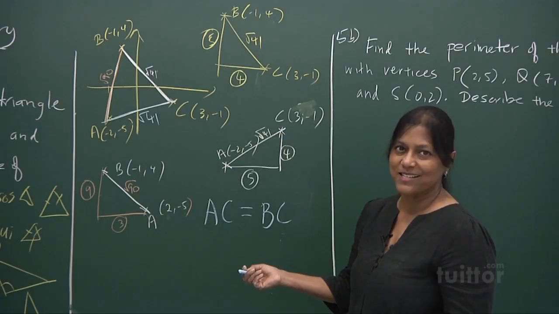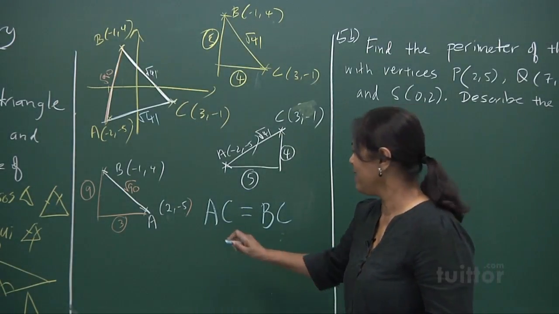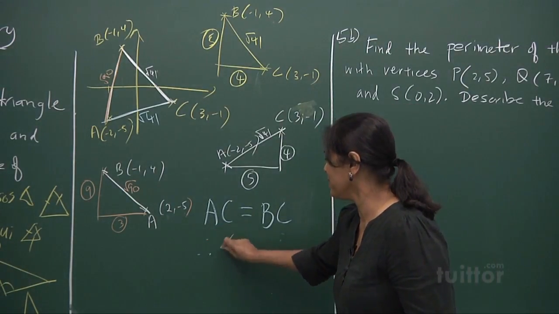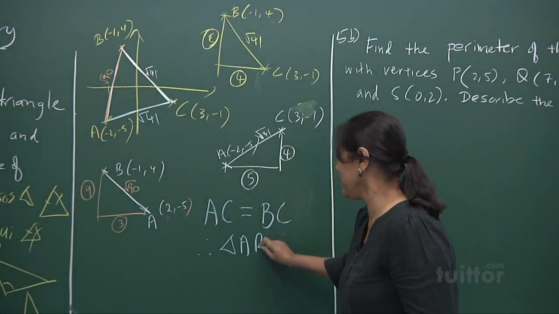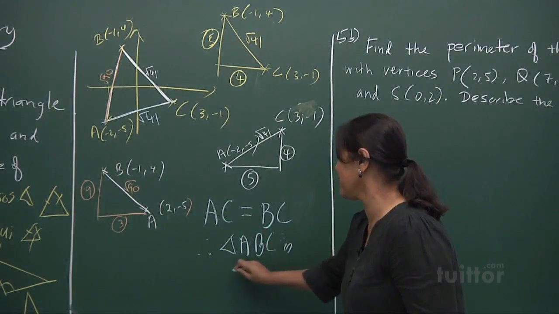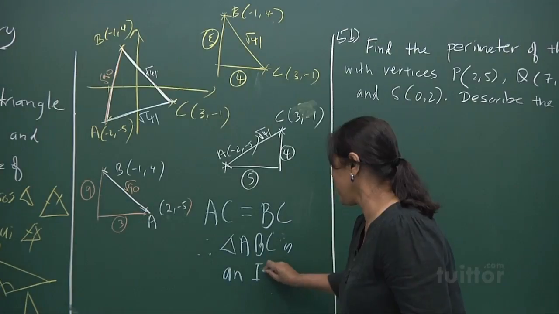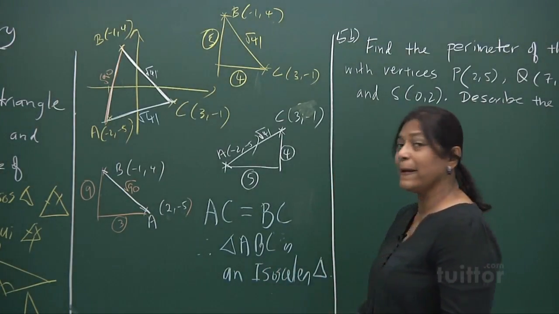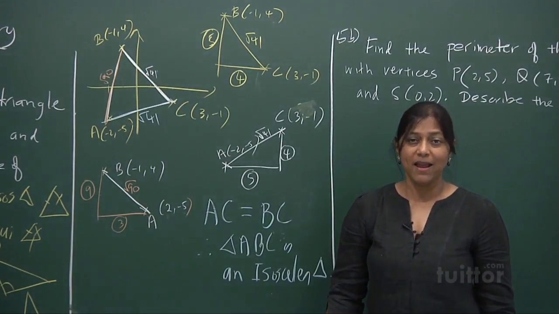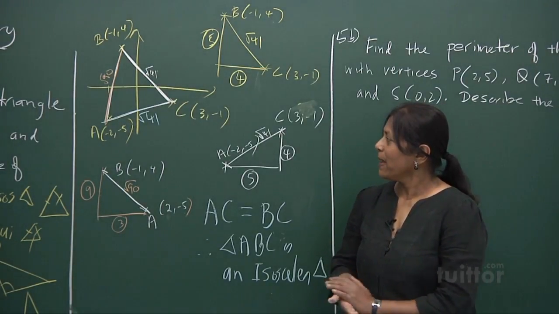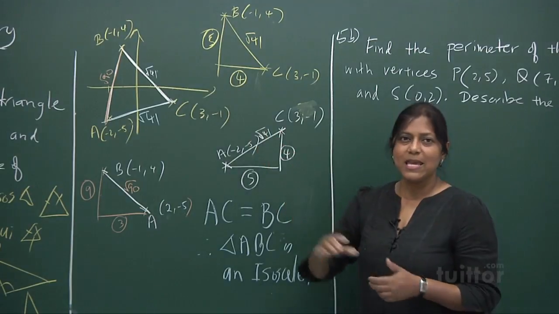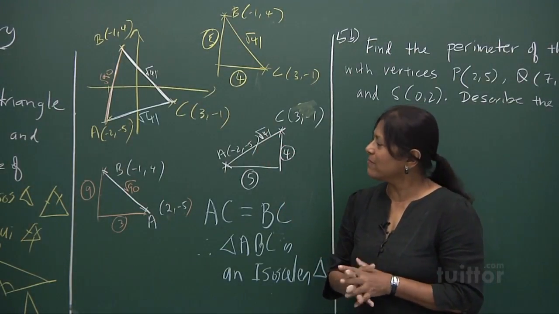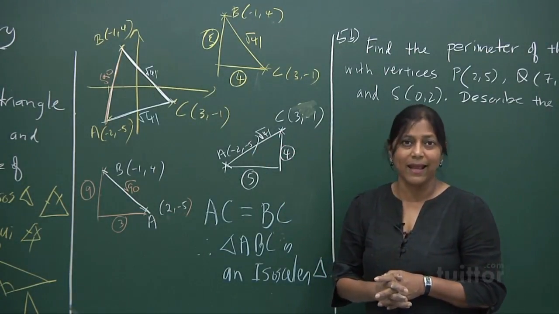It's an isosceles triangle. Therefore, triangle ABC is an isosceles triangle. Got it? Good. Now, we see the two lengths equal, and we can see it very distinctly by working out the lengths.